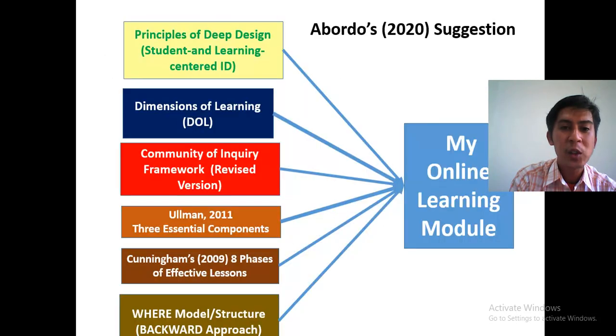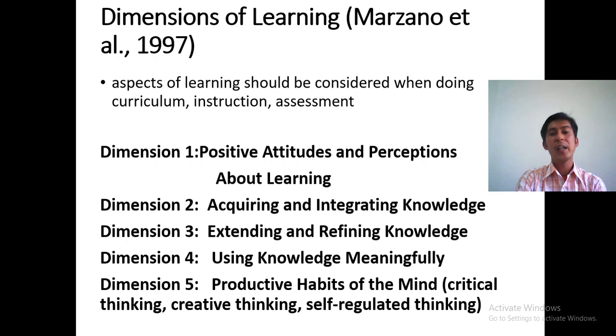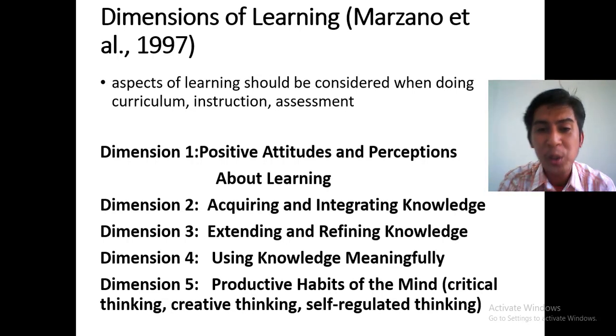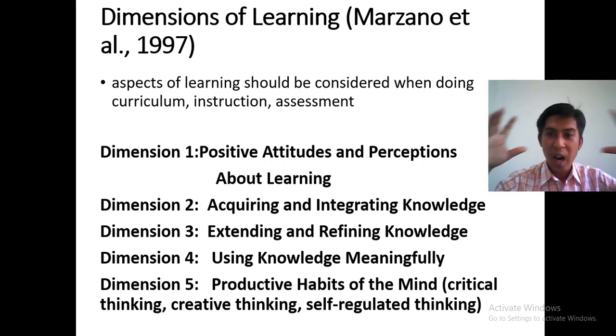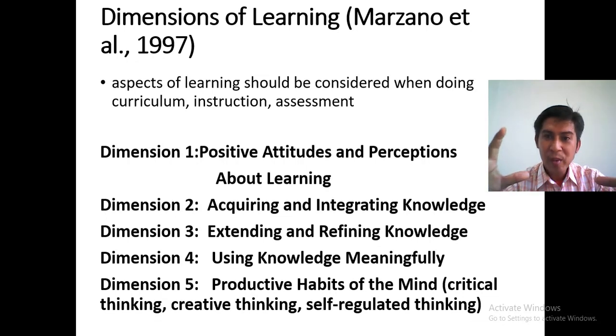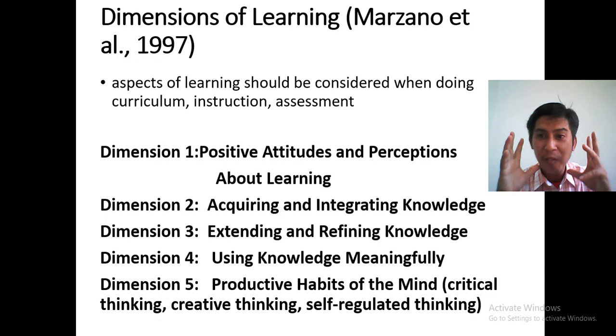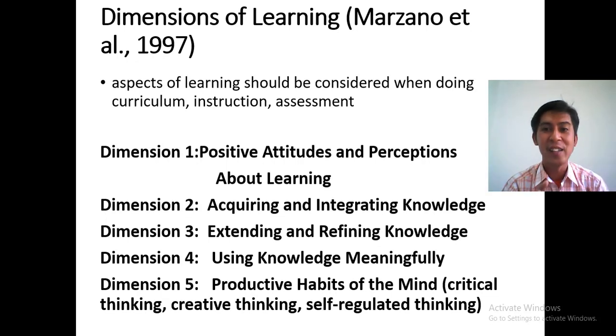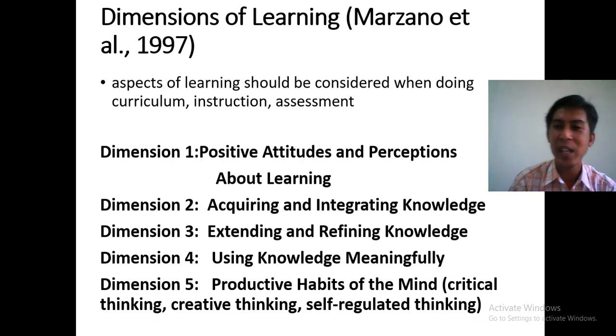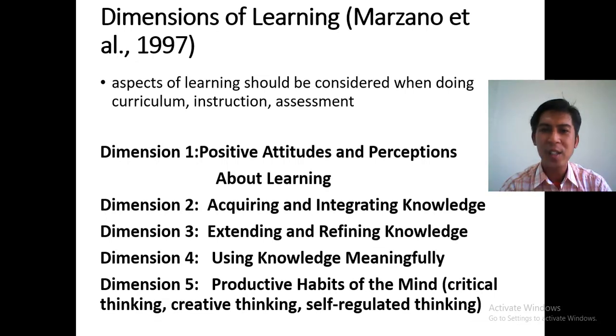Okay, so when we say positive attitudes and perceptions about learning, we are saying we develop positive attitudes and perceptions on learning. If the students do not have a very good attitude towards learning, we have to motivate them, we have to attract them, we have to hook them, as UBD terms it, hook the students, develop a love for learning.